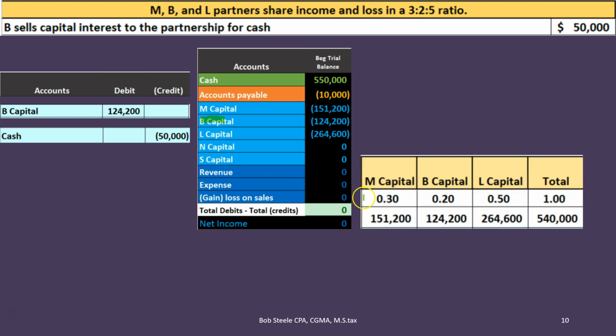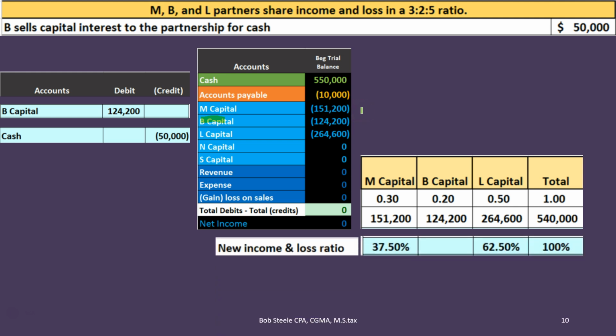Remember, we have our ratios here, so we have M 30, L 20, and B 50%, broken out between a 3-to-5 ratio, and we have our capital account balances represented at 151.2, 124.2, and 264.6, which are represented in the trial balance up here. If we're then going to break out our ratio, it's going to look like this.